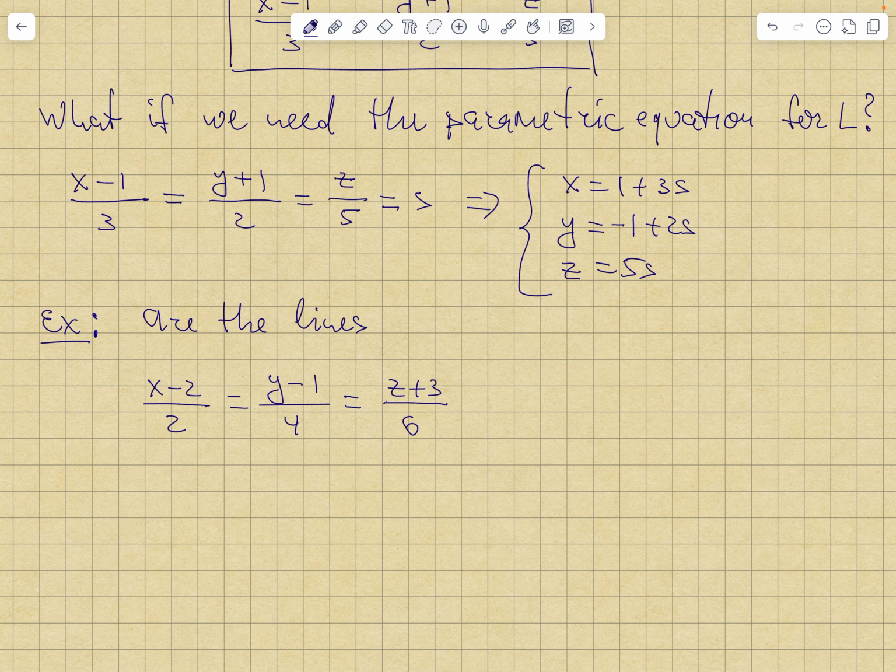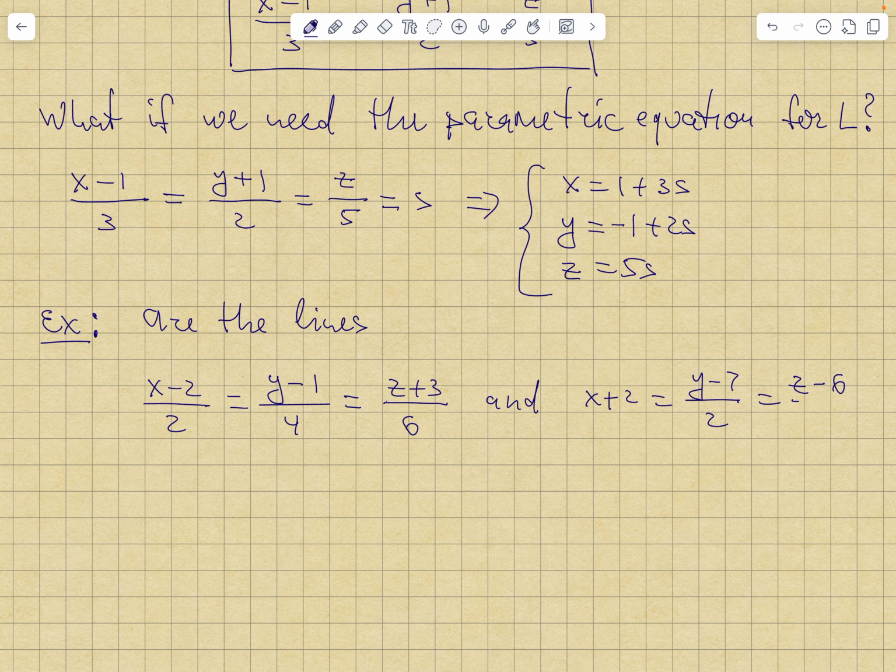and x plus 2 over 1, so it's just x plus 2, equal to y minus 7 over 2 equal to z minus 6 over 3.